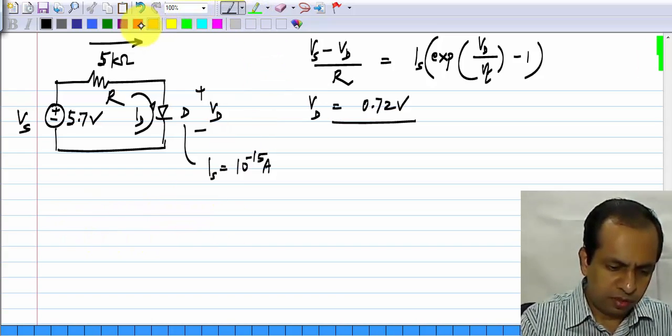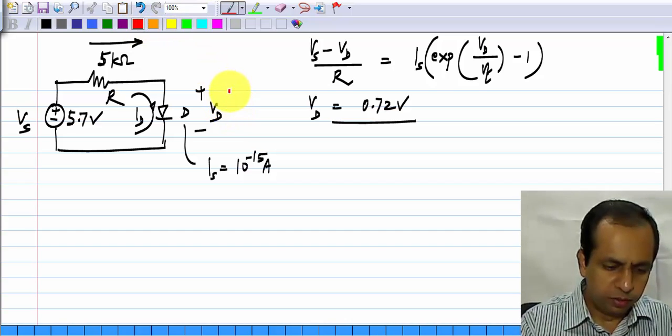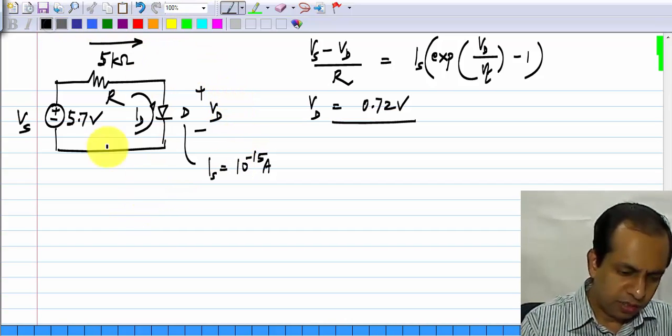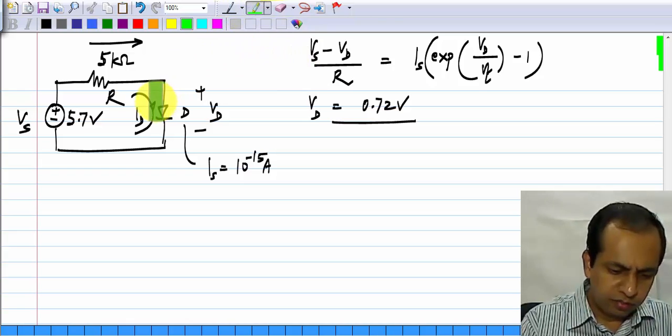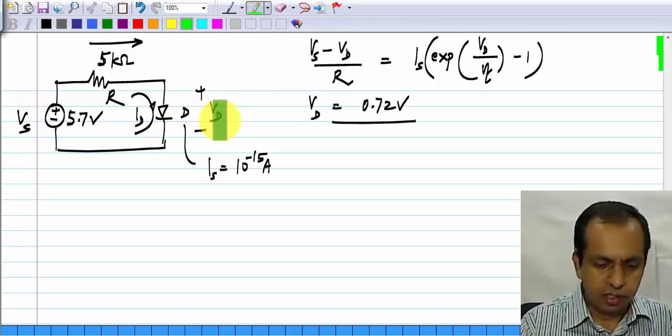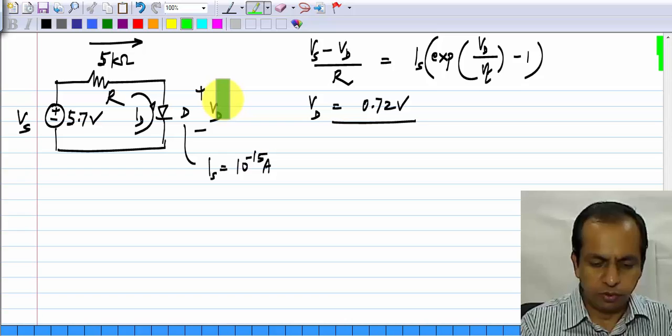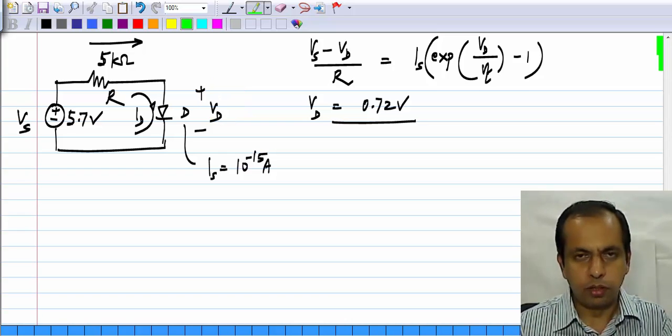Now, the approximation we said we can use is that if there is a substantial forward current, then this Vd will be fixed to some value, which is Vd on.